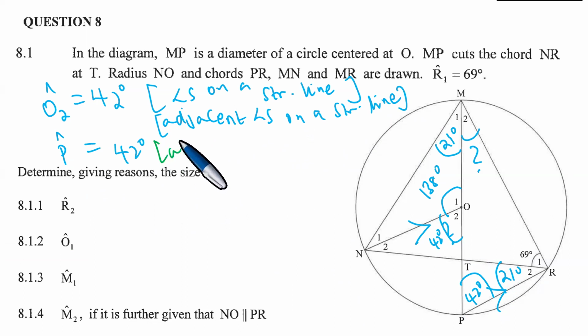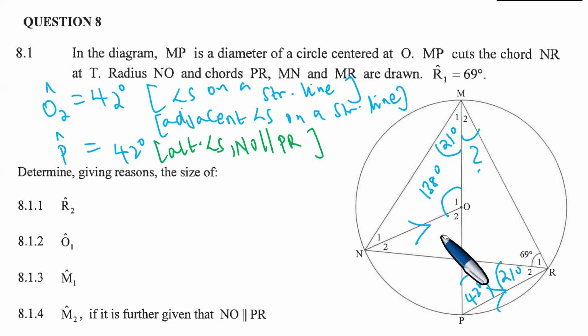Yes, definitely. So those are alternate angles. They are alternate angles because NO is parallel to what? To PR. NO is parallel to PR, and those are alternate angles. Yeah, next thing.